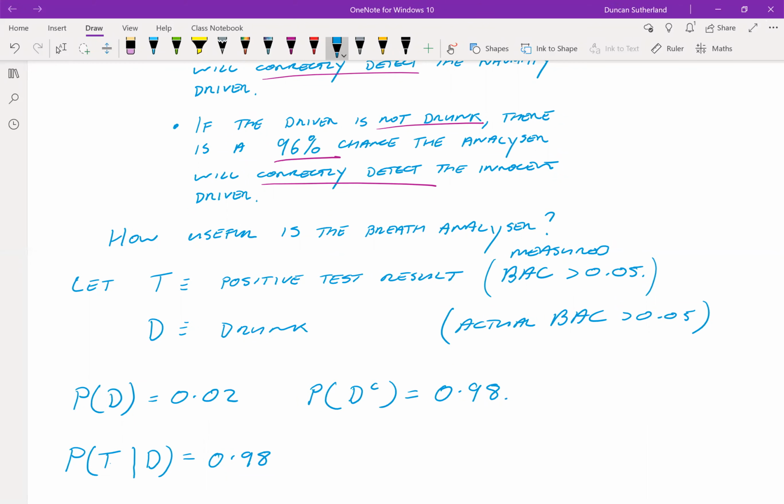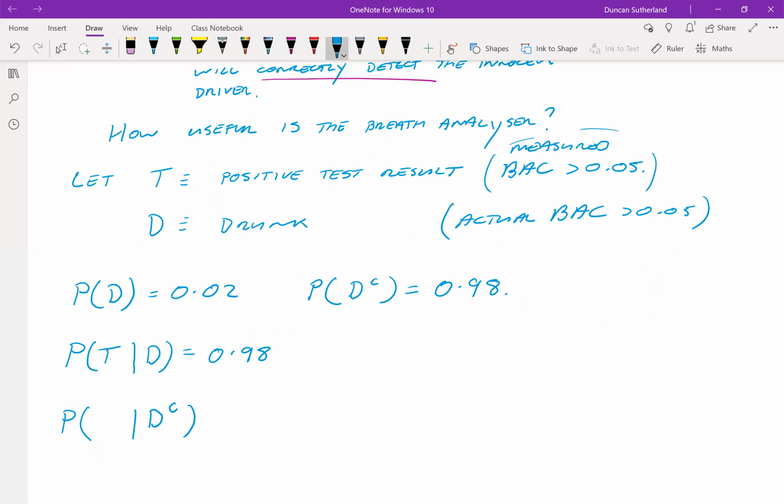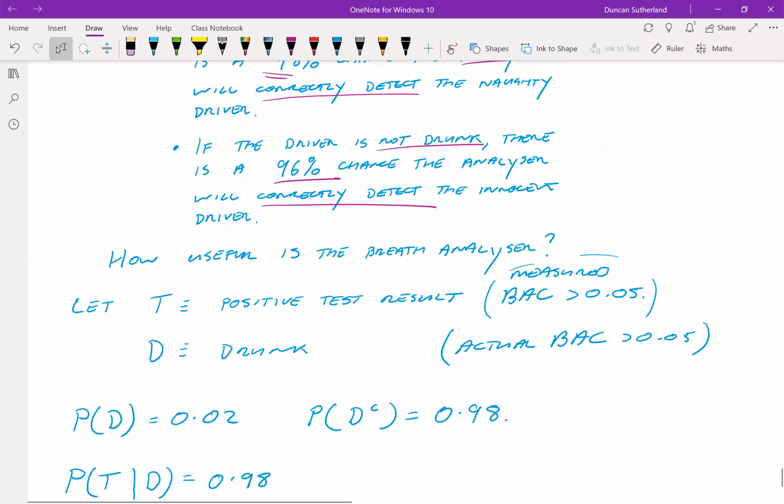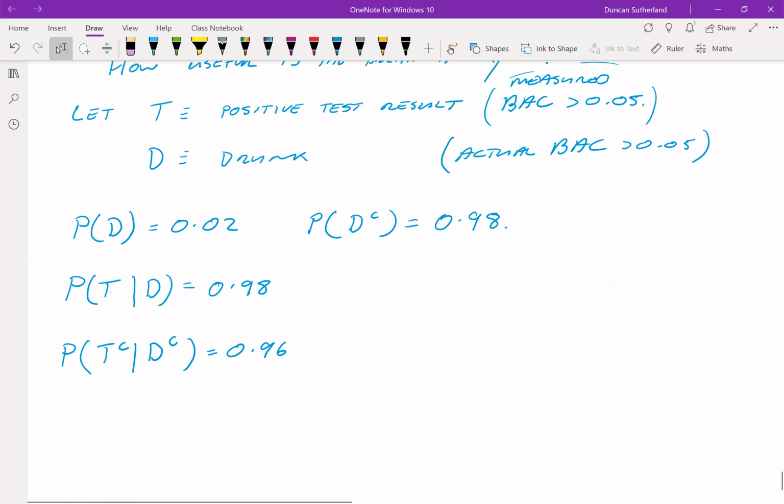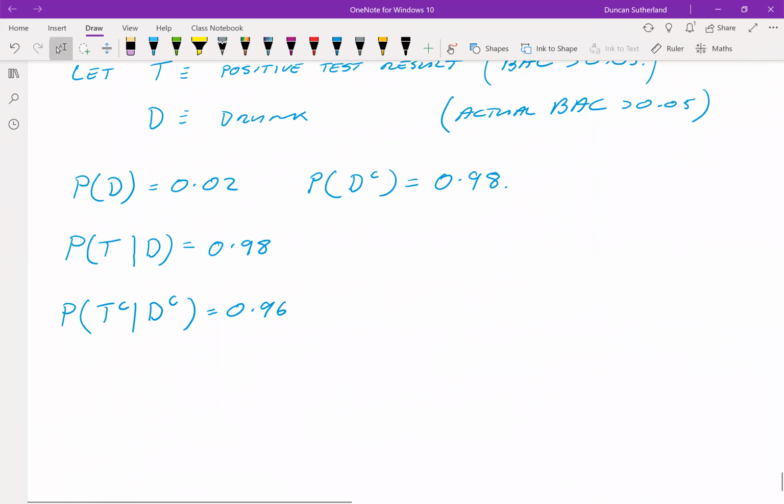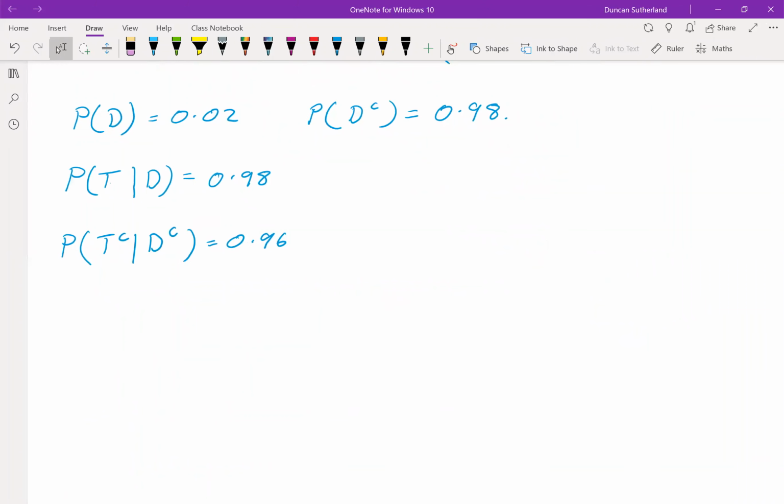So it's not positive, because a positive test result is when we say that blood alcohol content is above the limit. So this is true for T complement, 96% or 0.96 if we think of it as probability. Now we can use our complementary events. Remember how complementary events work for conditionals.